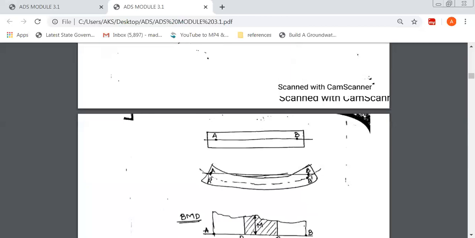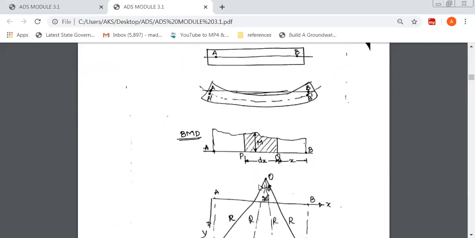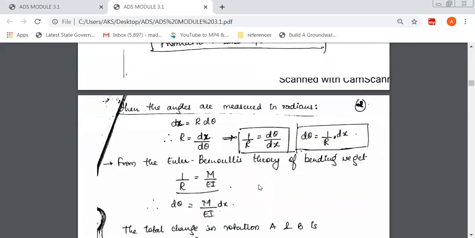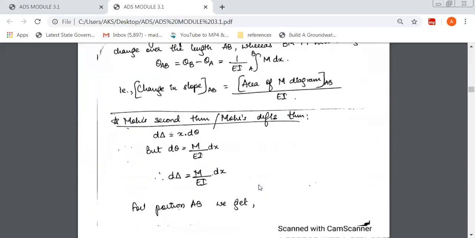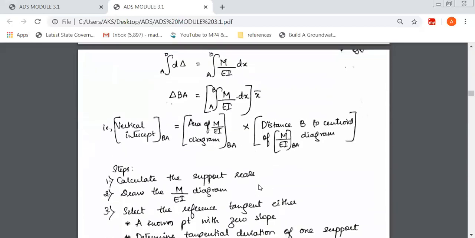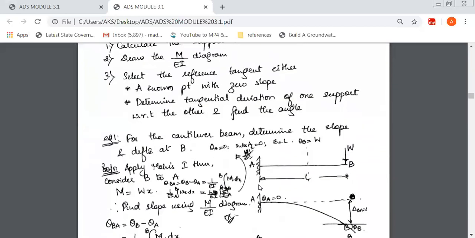Deflection is maximum at the center and rotation is maximum at the ends. This is what we are supposed to find using these two methods, the moment area method and the conjugate beam method. We'll deal with the first, the moment area method, to find out how much rotation and deflection is taking place.